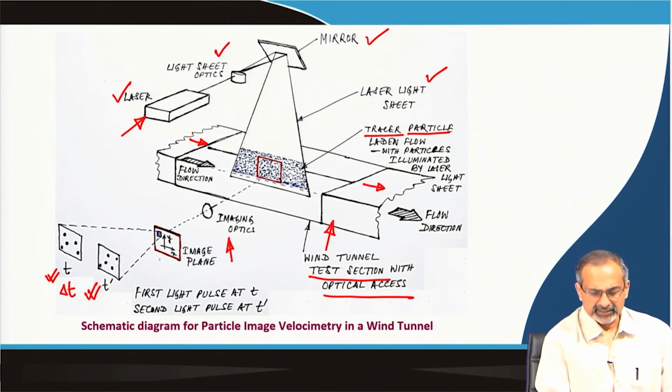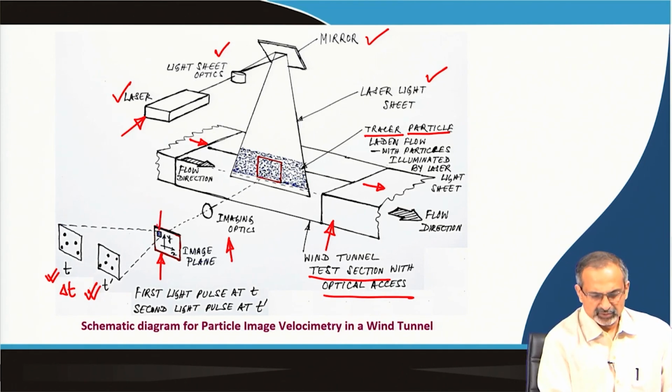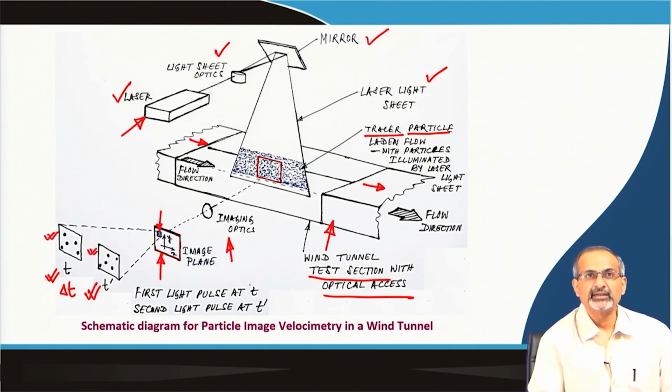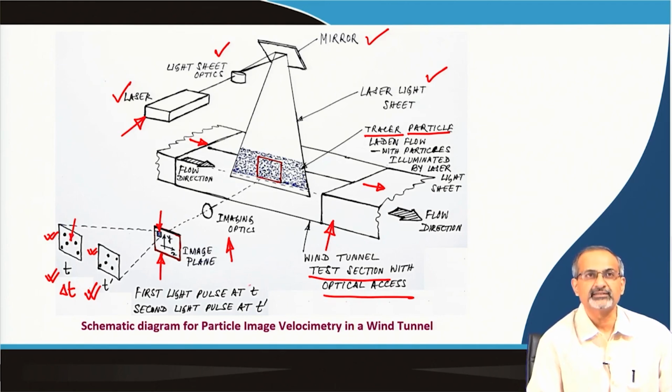When we look at the entire image which is captured by the camera, each image is again broken down into smaller regions like this, the shaded square region, and we are essentially zooming into those shaded smaller regions, which you will later learn are called interrogation windows, and the dots that you see in each image are basically the illuminated particles.